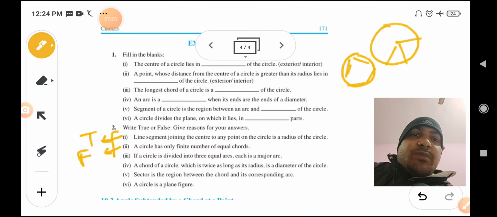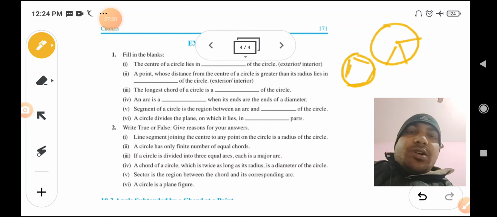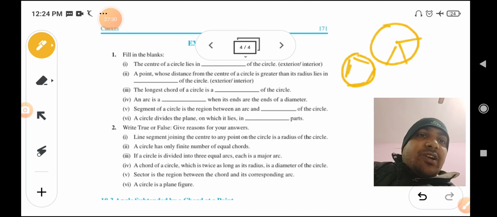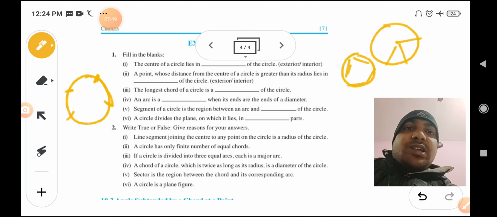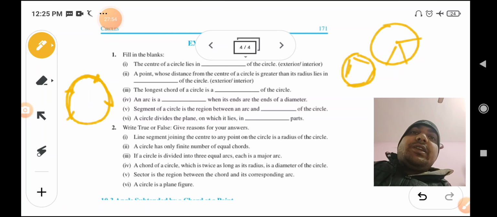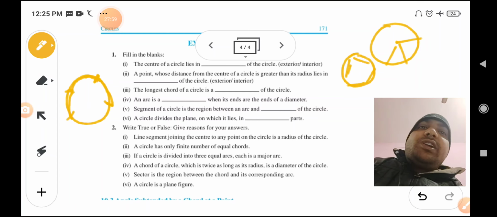Up to this first and second part is clear. So coming to the third part. If a circle is divided into three equal arcs, each arc is major arc. No. See, if this one is one arc, this one is one arc, and this one is one arc, these three arcs are equal. If the arcs are of different lengths, then only it will be a major arc.